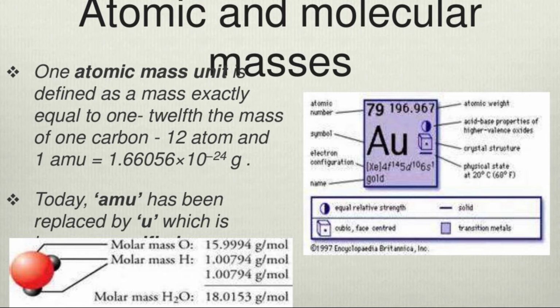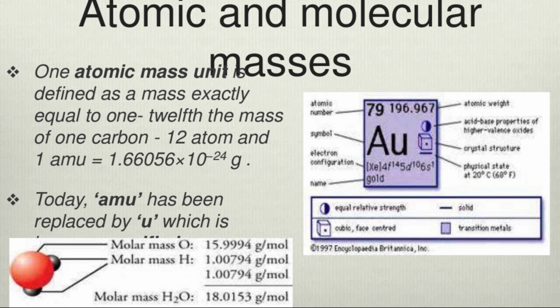First of all, atomic and molecular masses. Atomic mass is the mass of one atom of an element. It is measured in atomic mass unit. AMU has been replaced by u.